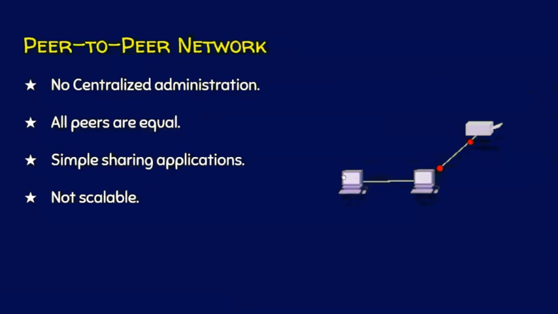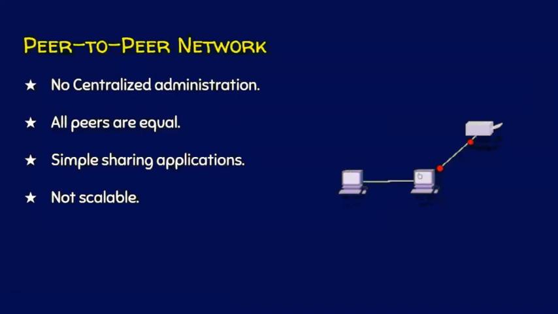In a peer-to-peer network, every node is called a peer and they are at an equal level. It means there is nobody superior and nobody inferior. The problem with this is that there is nobody centralized to administer the communication. It means whatever rights this guy has, the same kind of rights this guy will also have. And there is no centralized administration. This is suitable for smaller applications, but not for larger applications.